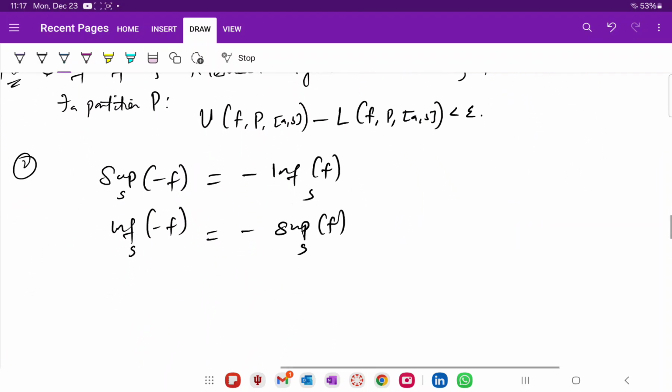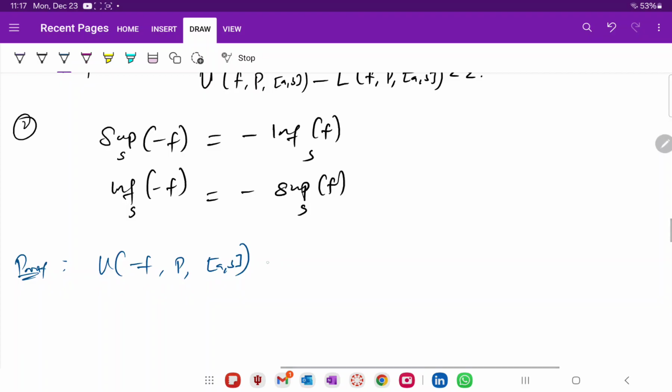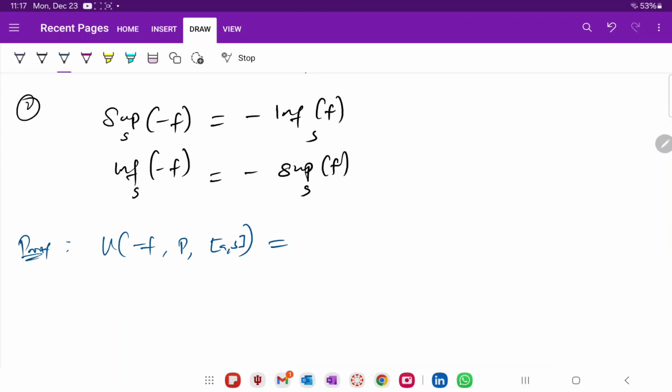Now we have the upper Riemann sum. Let's start the proof. Let's define our partition first.